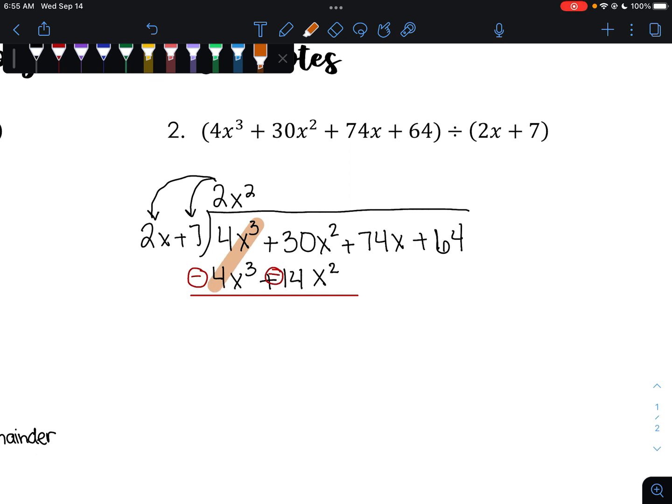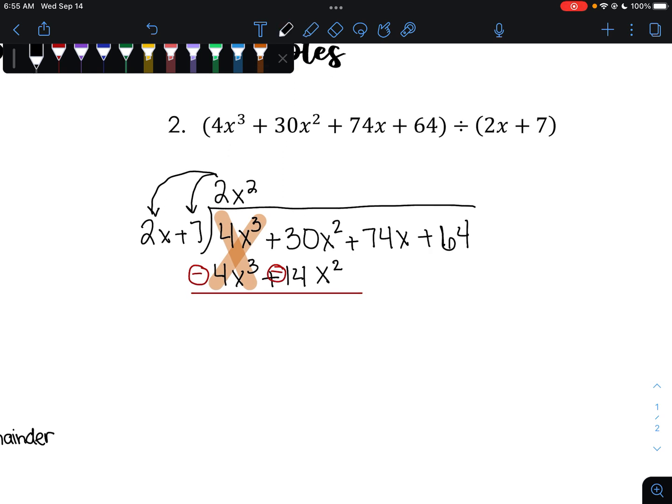So 4x cubed minus 4x cubed cancels out. That first term should always cancel out. 30x squared minus 14x squared is a positive 16x squared. I drop down my next term, plus 74x. Now I repeat my process.